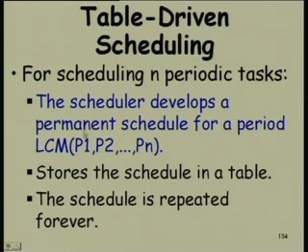So, for a table driven scheduler, we need to store the table up to the time LCM of P1, P2, up to Pn. Then the schedule is taken up one by one, the timer is set and handled, and it is repeated forever. After the table ends, we start again from the beginning.